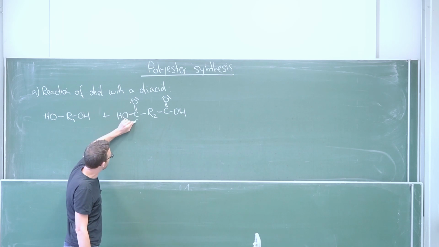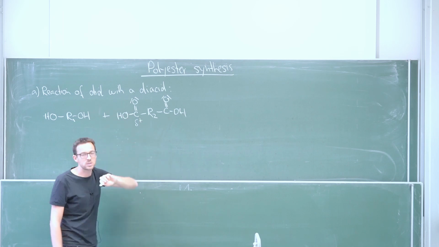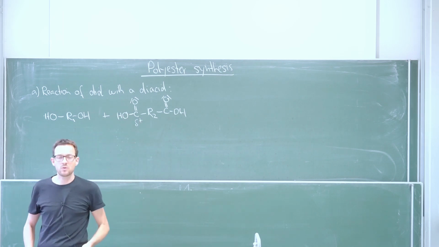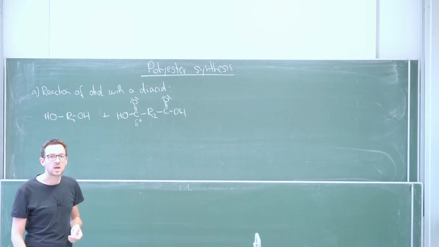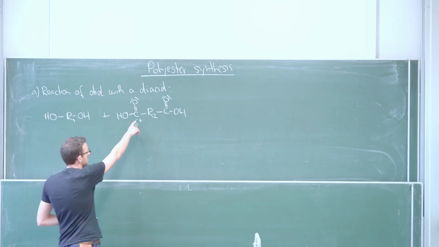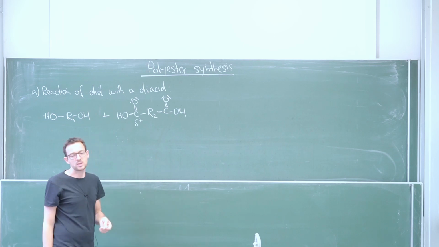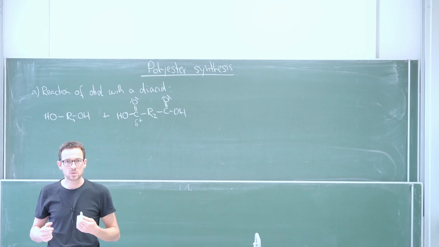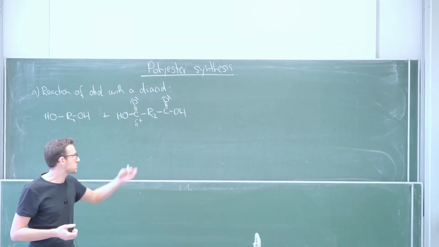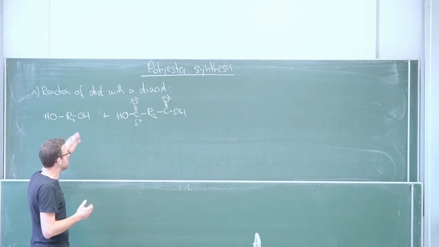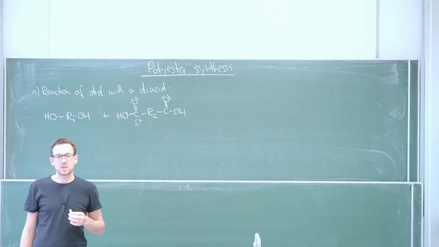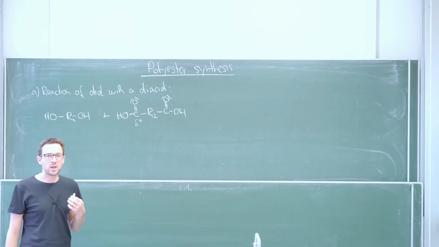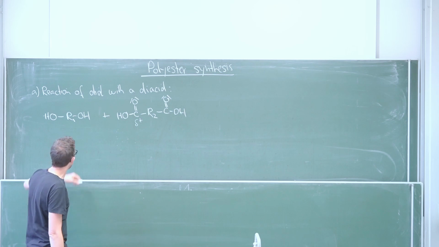So you have a partial positive charge, or a deficit of electrons, at this carbon. This means this region is susceptible to an attack by something that has a lot of electrons. And now we just need to identify a material that has a lot of electrons, which we call a nucleophile.